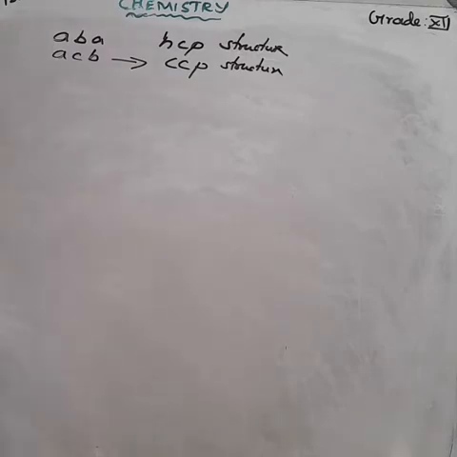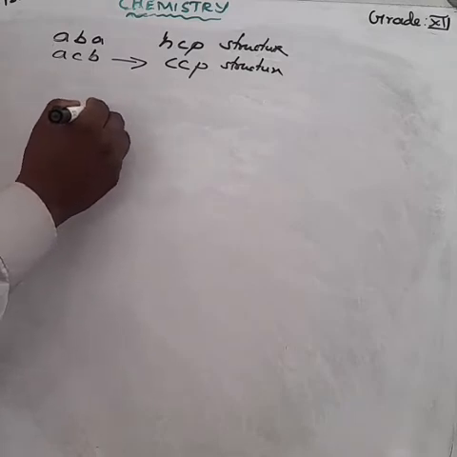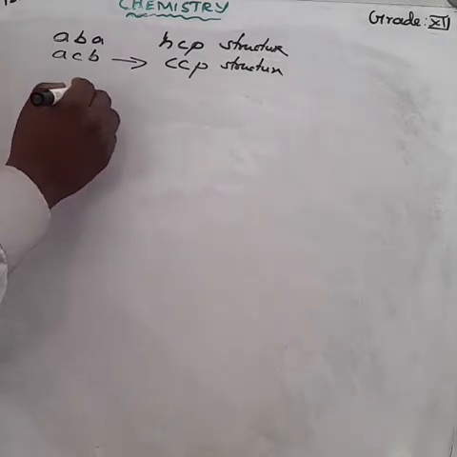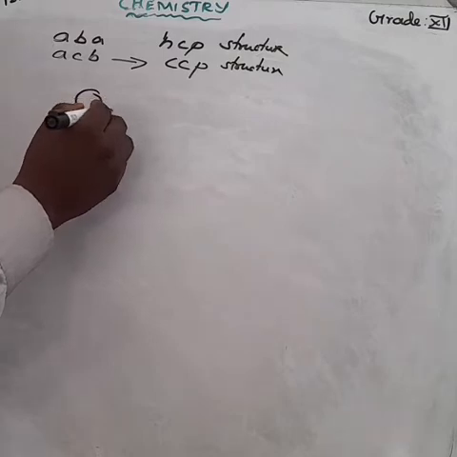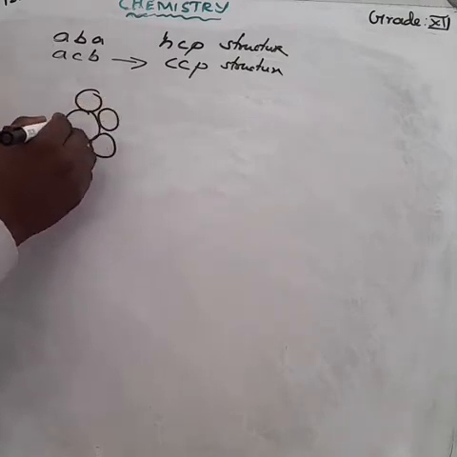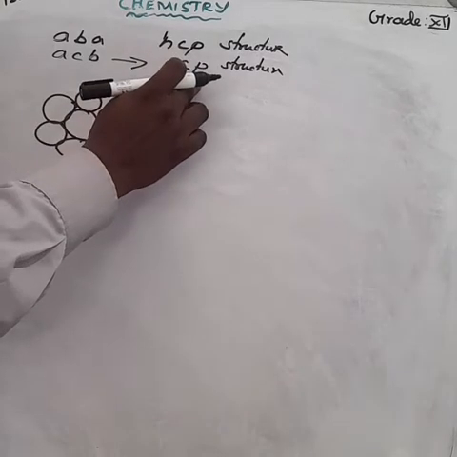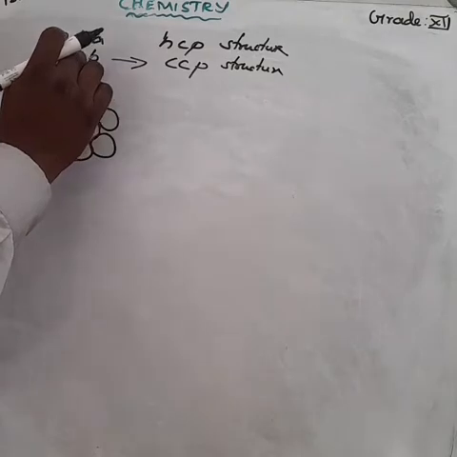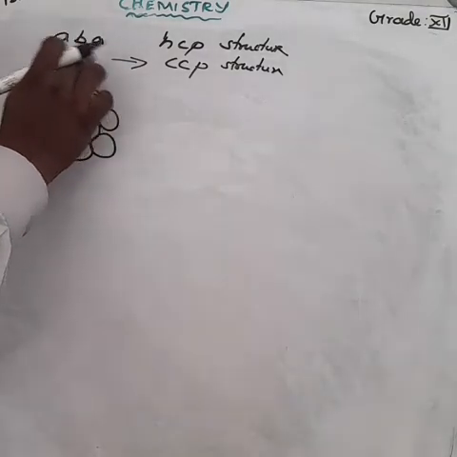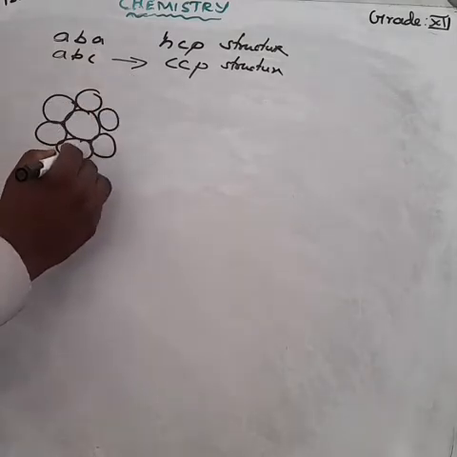To understand this first, look at the figure on page number 191. ABA arrangement means HCP structure. ABC arrangement means CCP structure. Here, first A layer, second B layer, next again A layer.